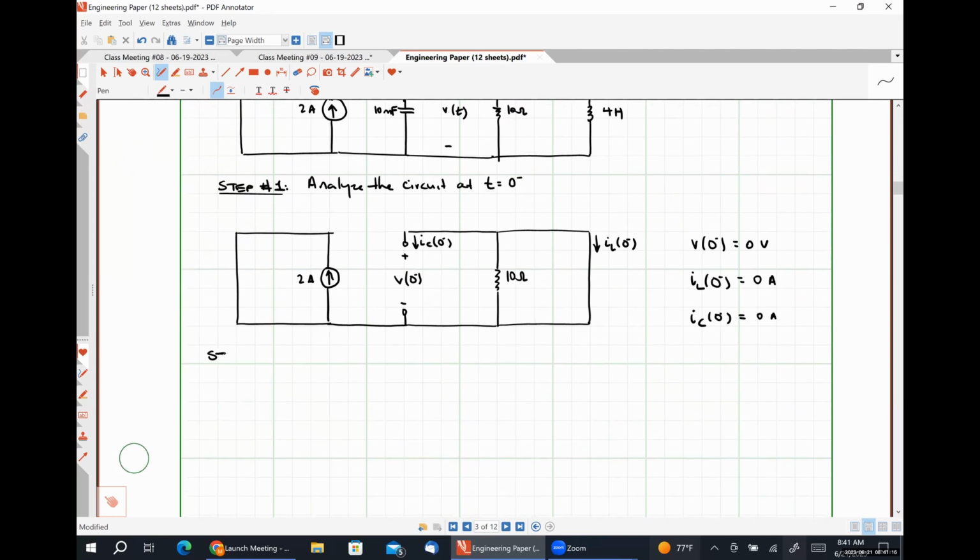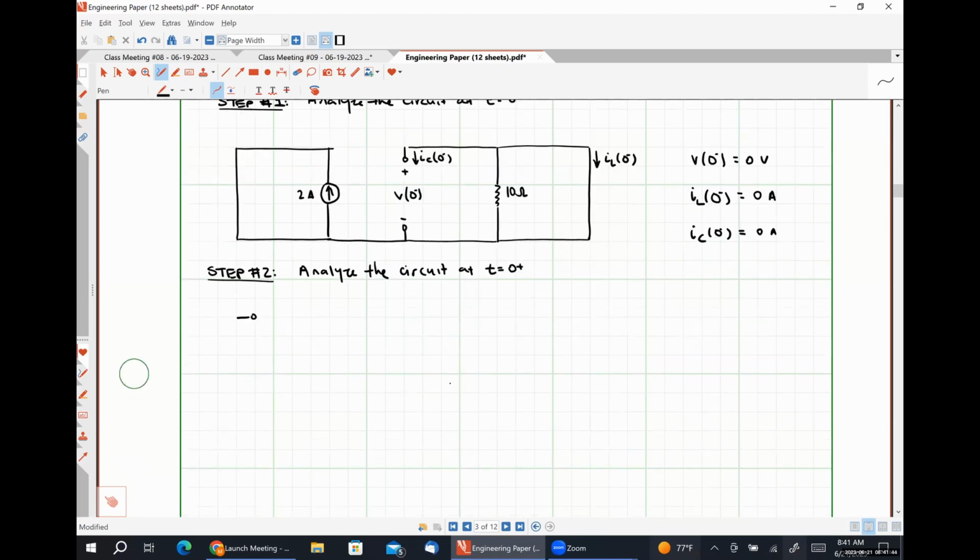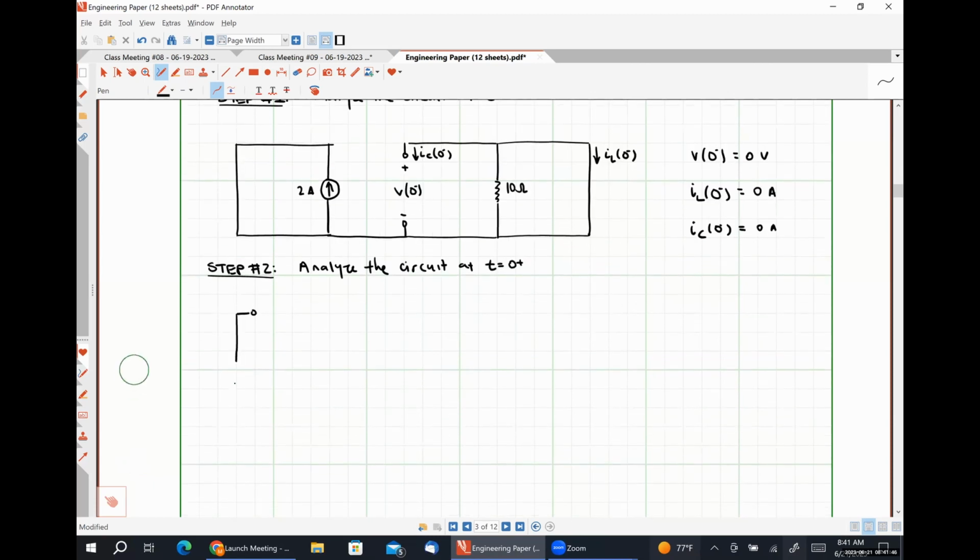For step number 2, we're going to analyze the circuit at t is equal to 0 plus. So at t is equal to 0 plus, our current source is no longer connected to the short over here.